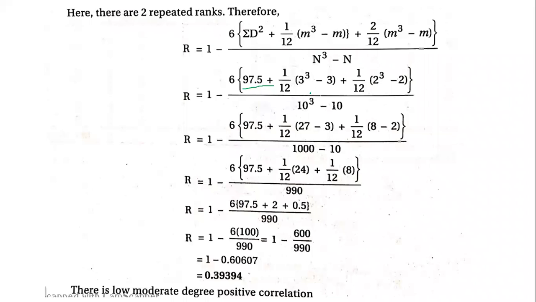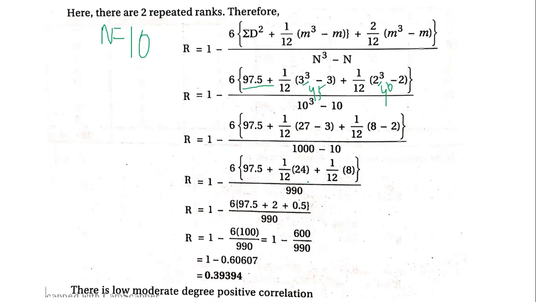So this is for 45: 3 cube minus 3. And then 40 is repeated 2 times, so 2 cube minus 2. Whole divided by the value of n, which is 10, so 10 cube minus 10.